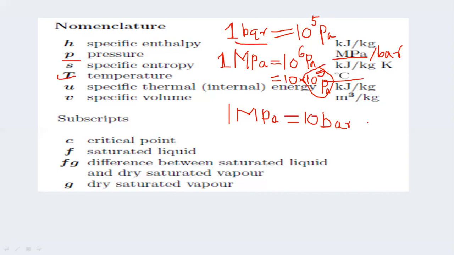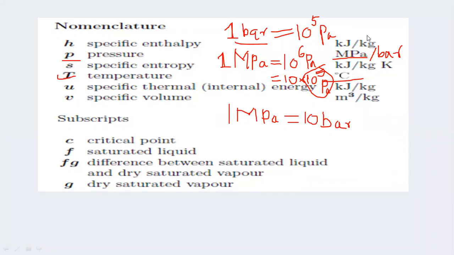If they are given in bar, no need for conversions, you can go for them directly. If the values of pressure are given in megapascal, you have to convert that into bar. Or if in the steam table it is directly in bar, then you don't need any conversions. You can directly pick the values and do the respective calculations.